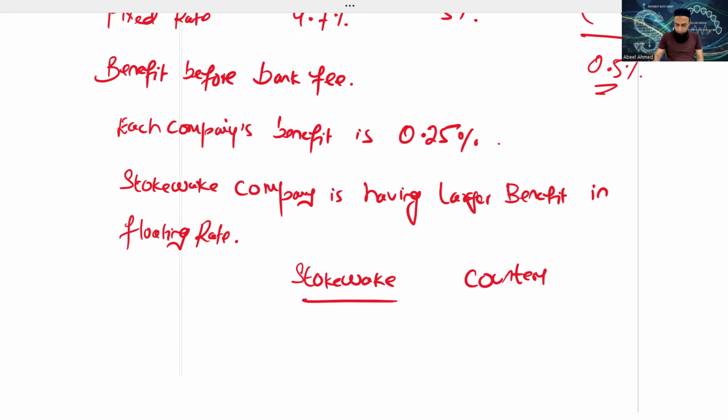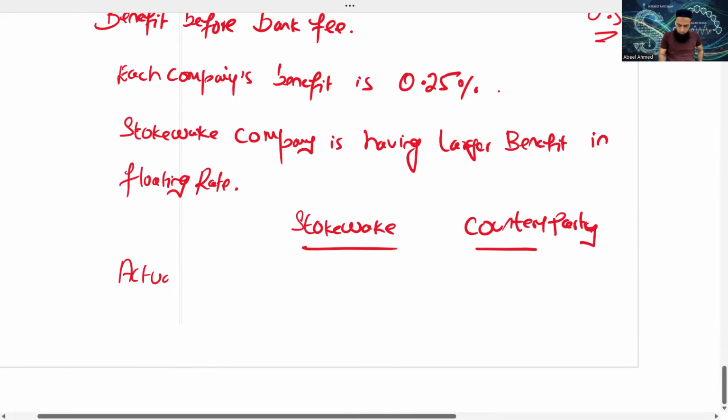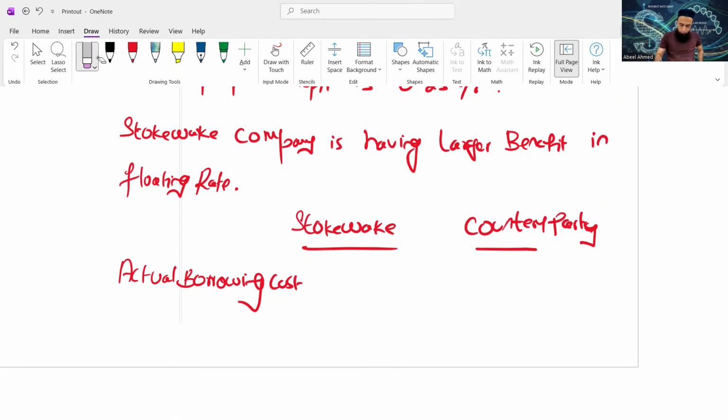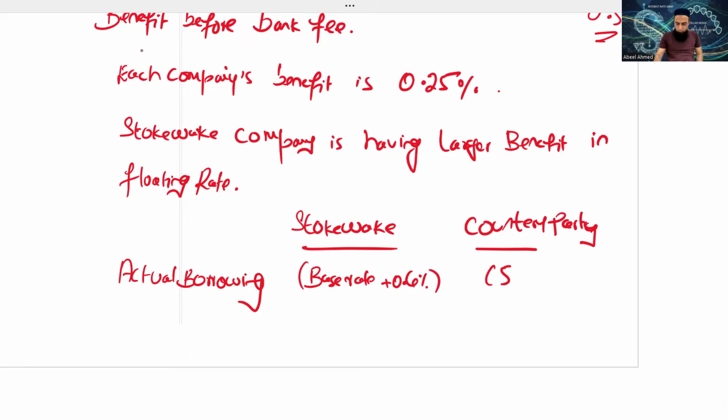Now, students will go for actual borrowing, and Stoke Wake has more advantage in floating, so they will borrow in floating rate. Actual borrowing. Stoke Wake will go for floating rate, that is base rate plus 0.6%. So obviously counterparty will go for fixed rate.